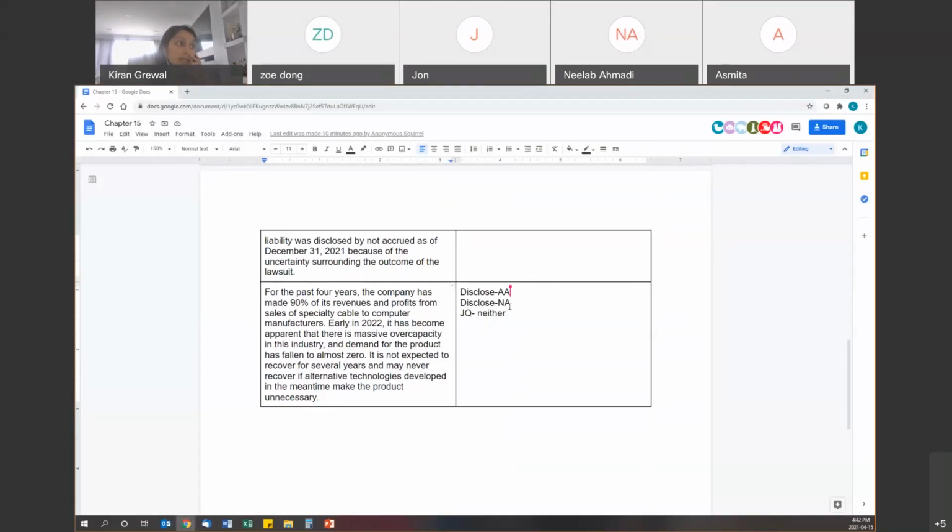But if we can get some evidence on how this is going to impact future sales, like 2022 sales, then we would have to disclose it. So if there's some sort of evidence that auditors can find that the change in this market condition is going to affect the future operations and sales of the company, then we would need to disclose. Otherwise, we would do neither. So you guys are all right here, I guess.